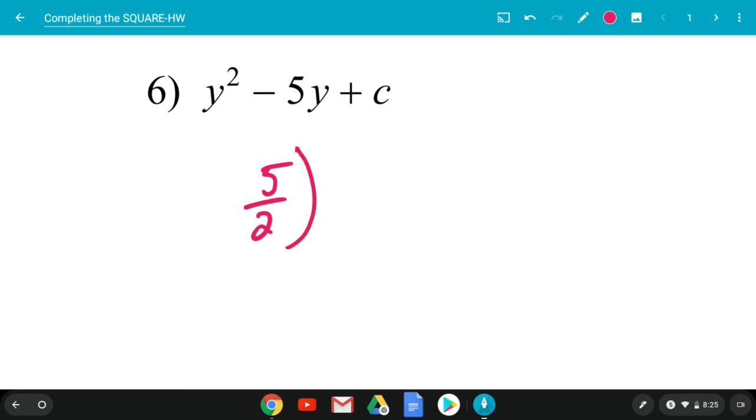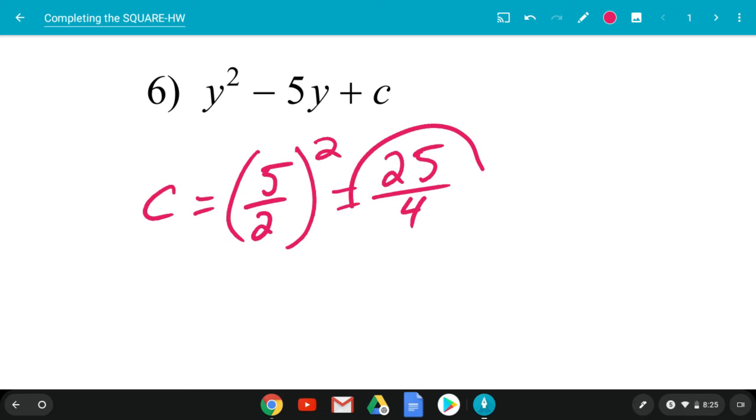Whatever 5 divided by 2 is, 2.5, I would then square it, right? Well, if I square this, what's 5 squared? 25. What's 2 squared? Isn't that easier than 2.5 squared? So C will be 25 over 4.